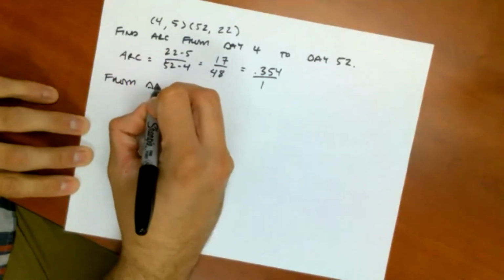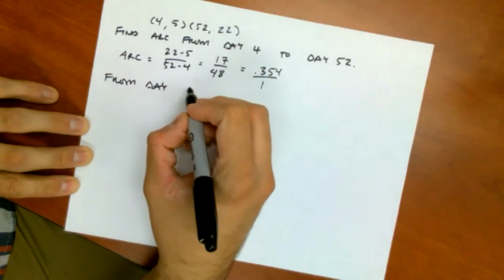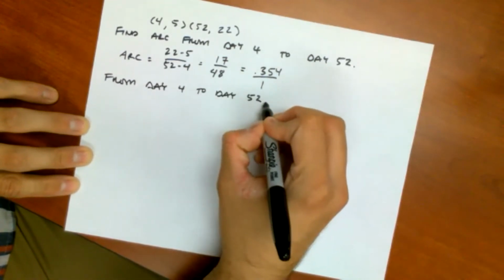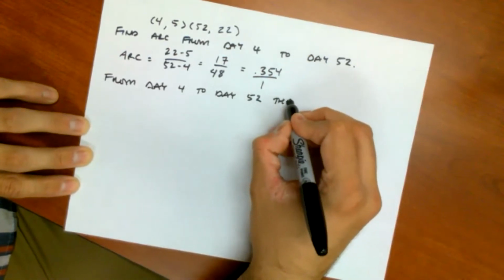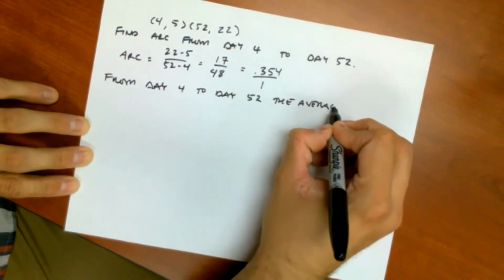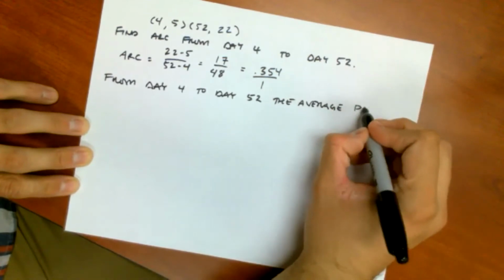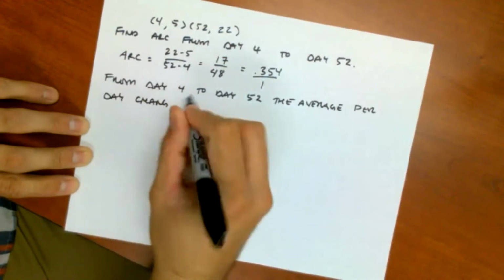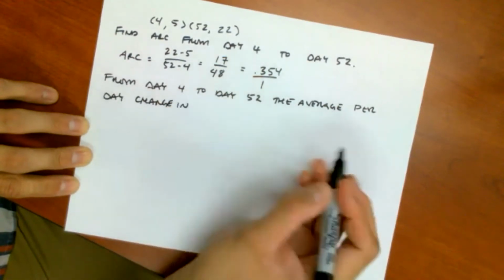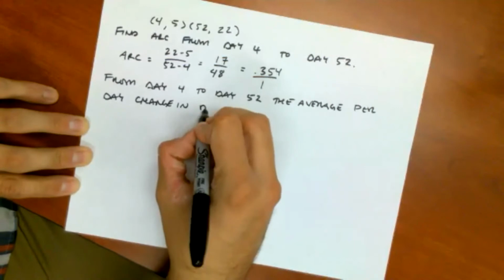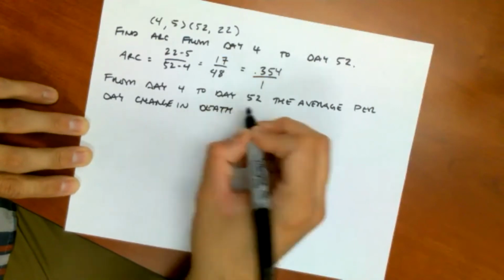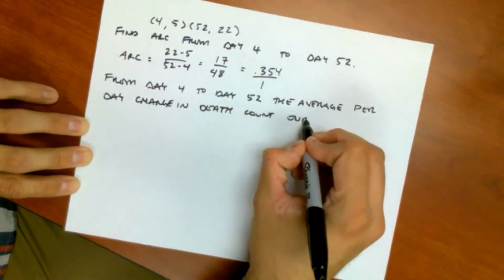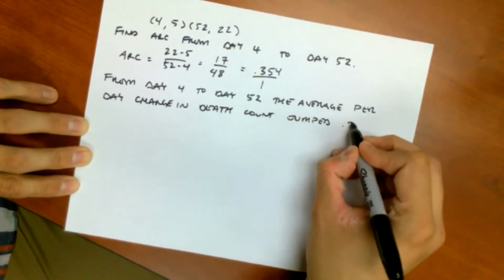from day 4 to day 52, the average per day change in the daily death count jumped 0.354.